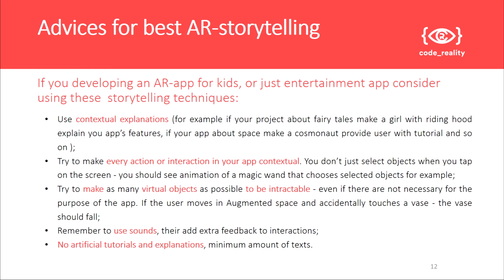Try to make every action or interaction in your app to be contextual. You don't just select objects when you tap on the screen. You should see animation of a magic wand that chooses selected objects. Try to make as many virtual objects as possible to be interactable, even if they are not necessary for the purpose of the app. If the user moves in an augmented space and accidentally touches the vase, it should fall.